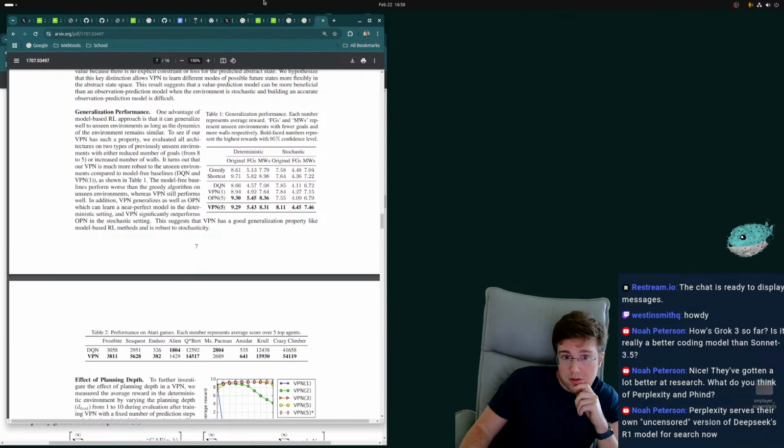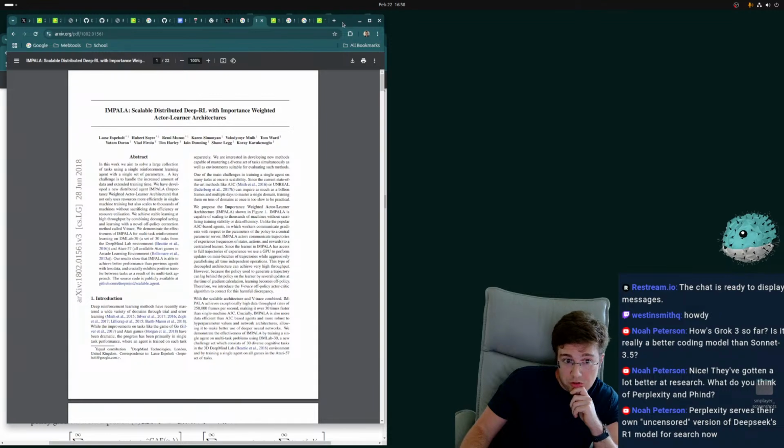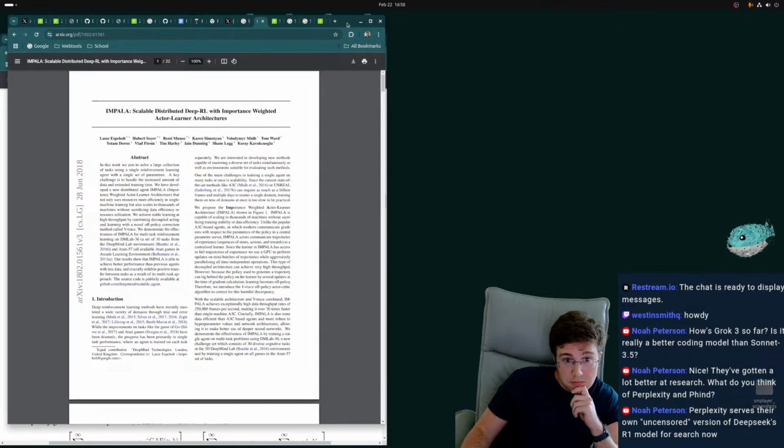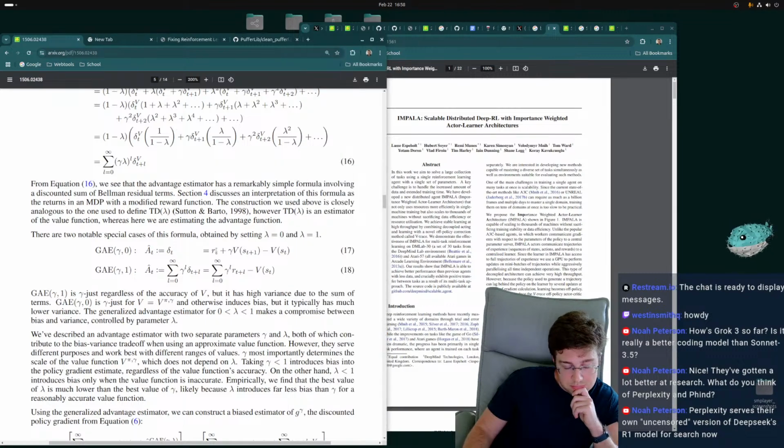I mean, this is kind of a crazy method that I just cooked up. It could do something though. It's just reward minus value, right?